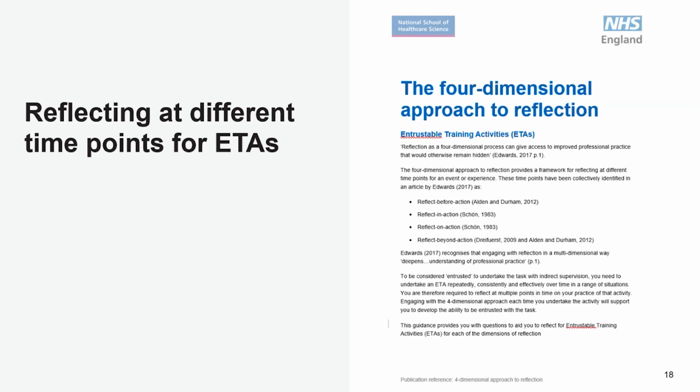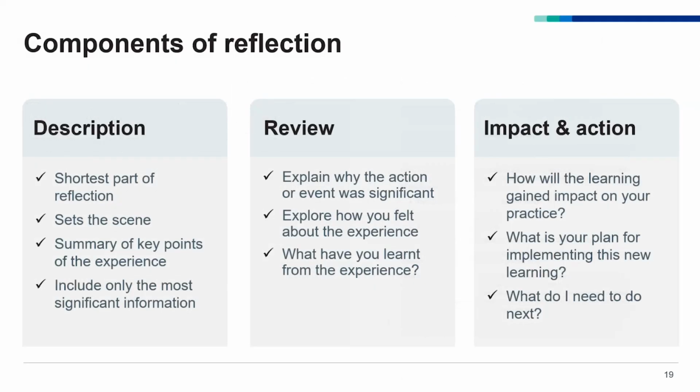Now, when reflecting on action, so after an event, I've mentioned many a time, and in the resources that I've developed in the Learning Hub, that there are lots of different models for reflection. Some people really engage with one or more of those and find them really useful.